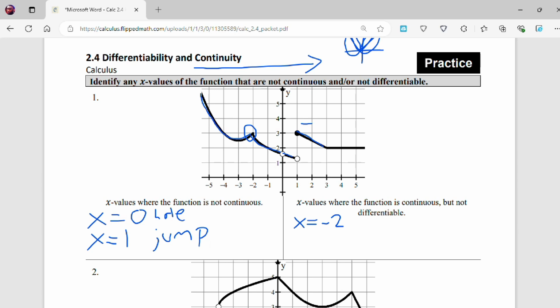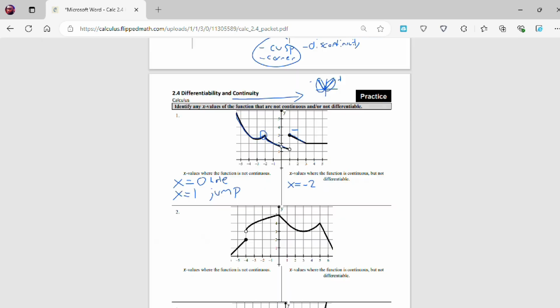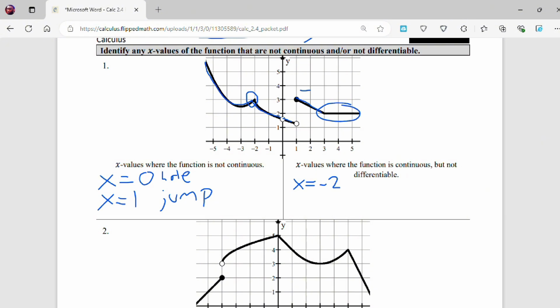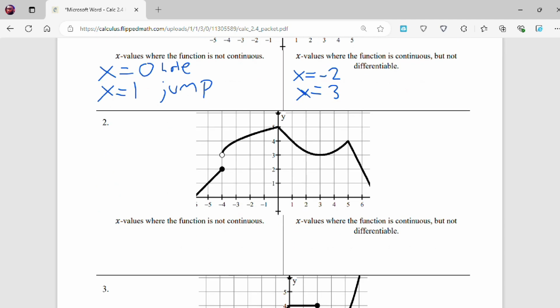This has a negative slope, and the slope right here is 0. So left-hand derivative is not equal to right-hand derivative. And so at x equals 3, we have a corner, which means that there's no derivative there.